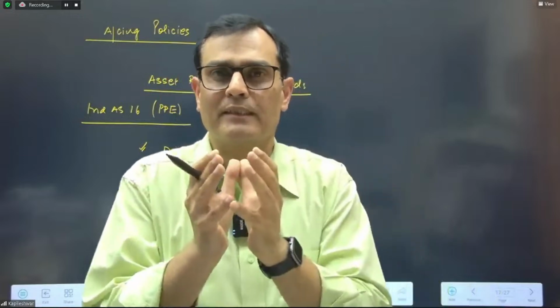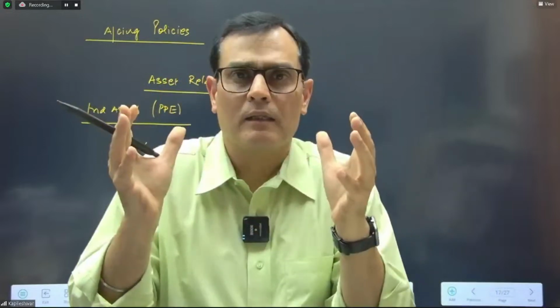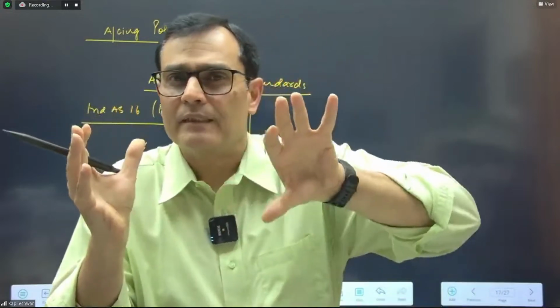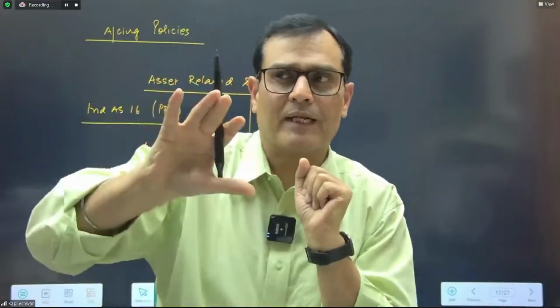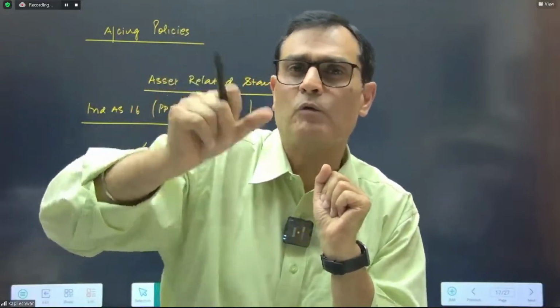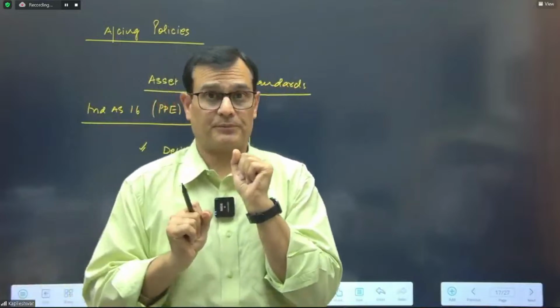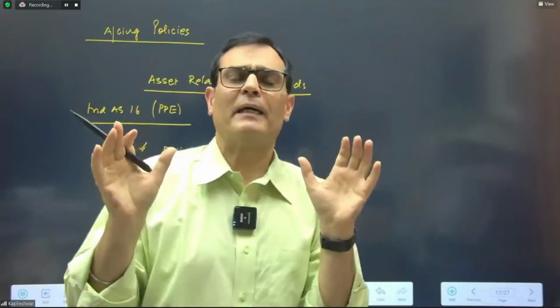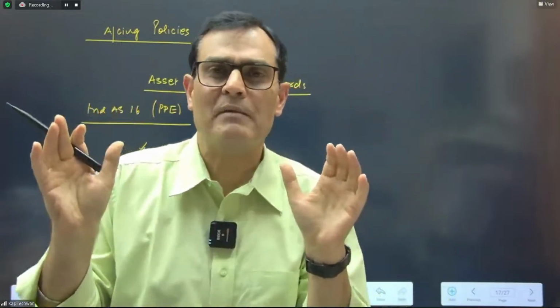Your balance sheet is like a menu card where you've got on the left-hand side the name of the asset, and on the right-hand side the rate list, the amount at which the asset appears. Trust me, for me, a balance sheet looks exactly like a menu card.